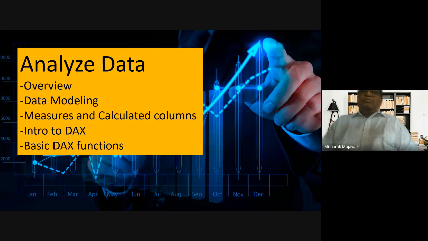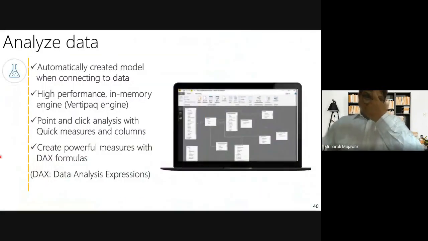Microsoft Power BI has some features where we can automatically create models and connect them together. So if you have two different data sources, we can just connect them together and make some kind of models.